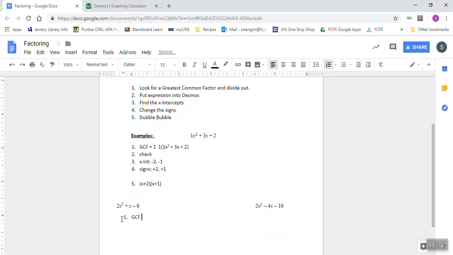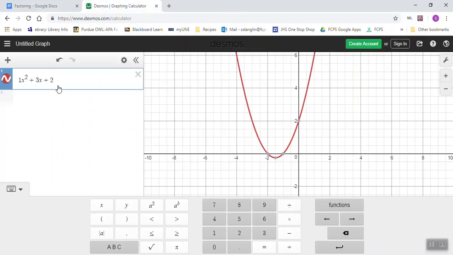So our GCF, again, we're going to put this 1 in front. So our smallest number is 1. Remember from up here, I don't need to divide out a 1 because it's not going to change anything. So we're going to skip really step 1. So step 2 is to put the expression in decimals. So I'm going to go ahead and put it in.